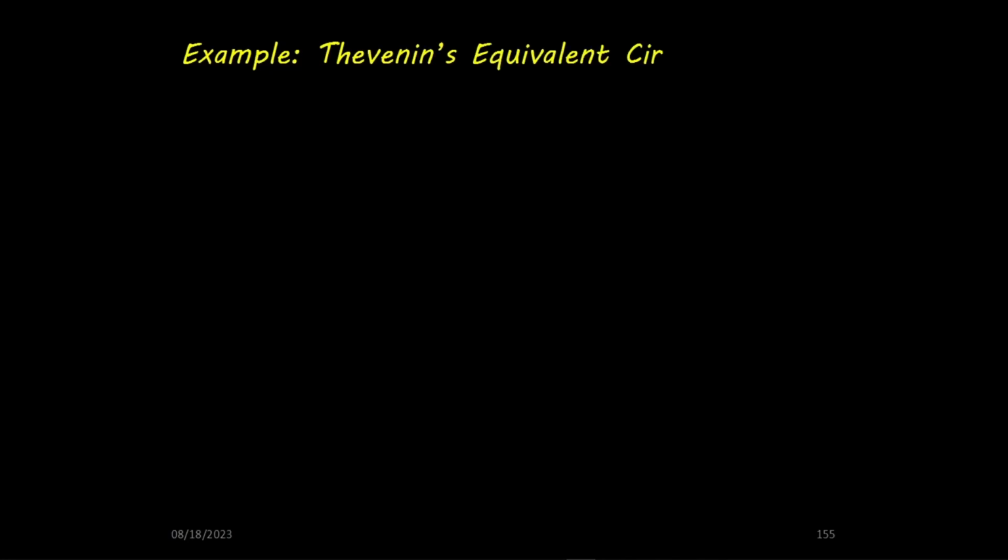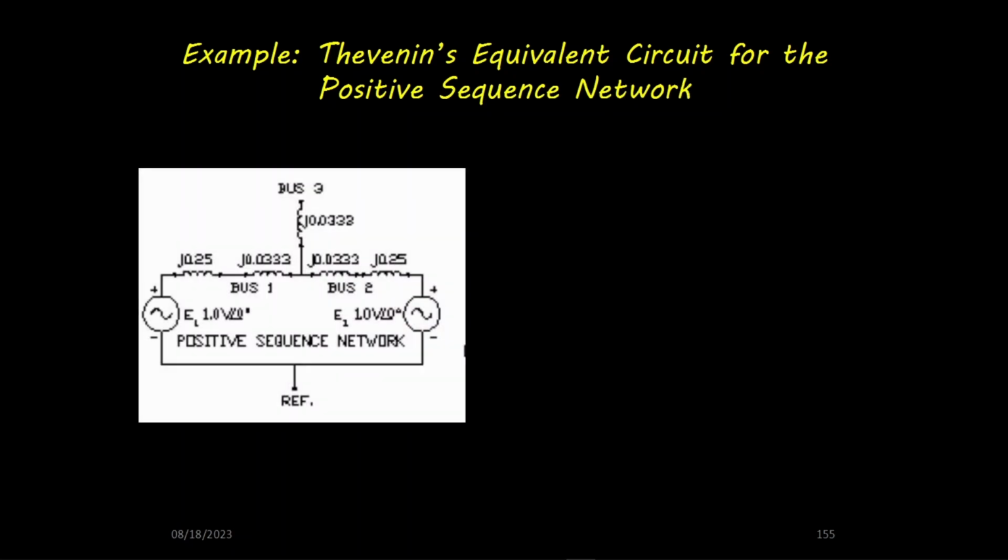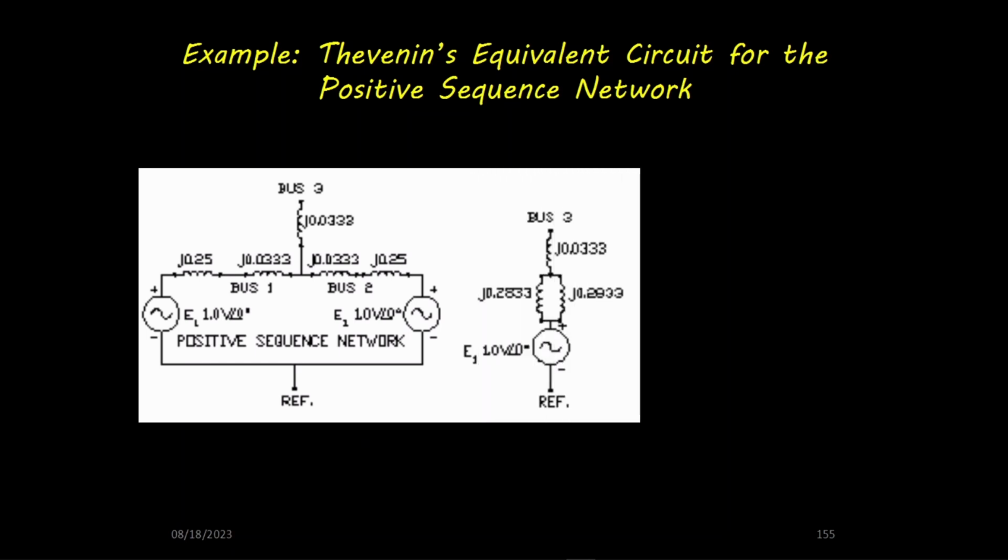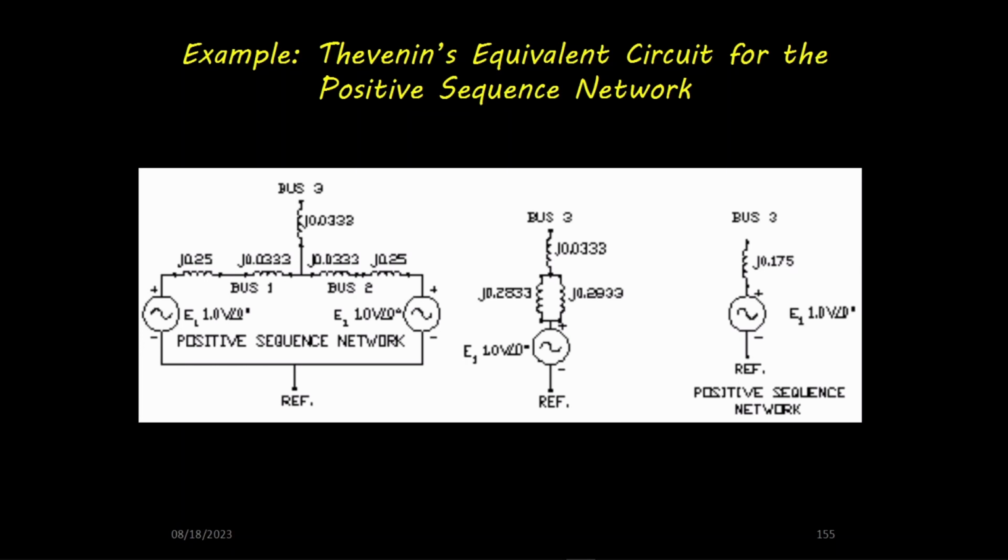Now, using our network theorems, we calculate the Thevenin's equivalent circuit for the networks. For the positive sequence network, we get a voltage of 1 at 0 degrees per unit, and an impedance of 0.175 per unit.